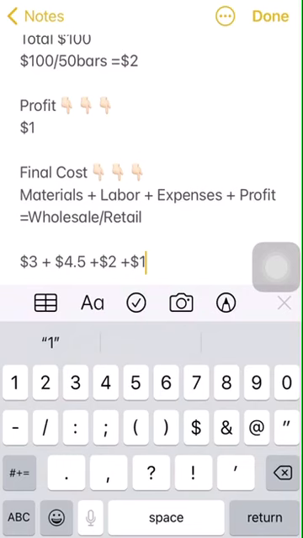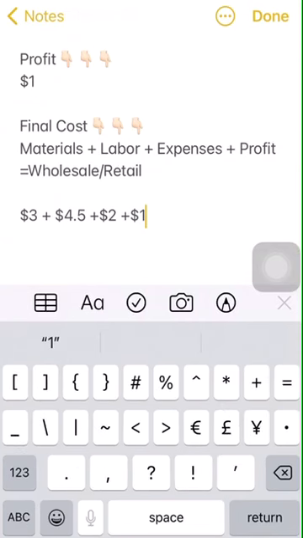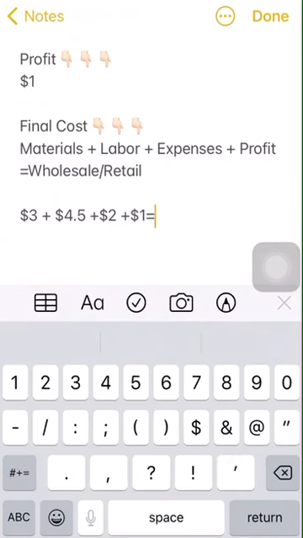So let's do the total. So we have 3 plus 4.5 plus 2 plus 1. So that would be equal to $10.5. All right.